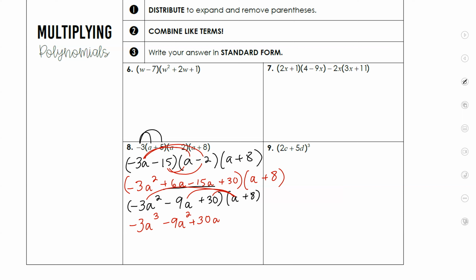Okay, that's the first number. Okay, next let's do the 8. So 8 times -3a squared is -24a squared. 8 times -9 is -72a. And 30 times 8, what is that? 240.